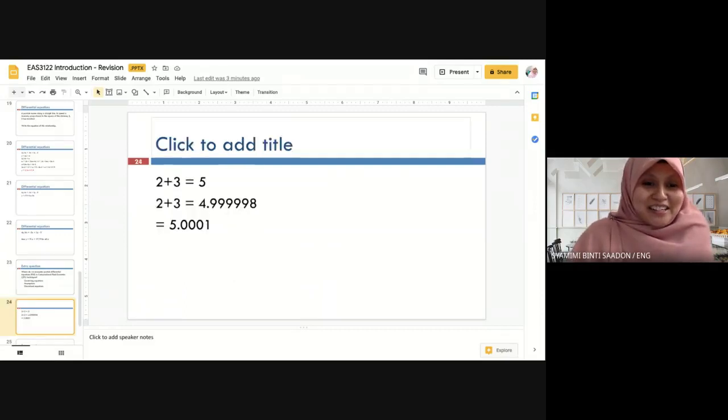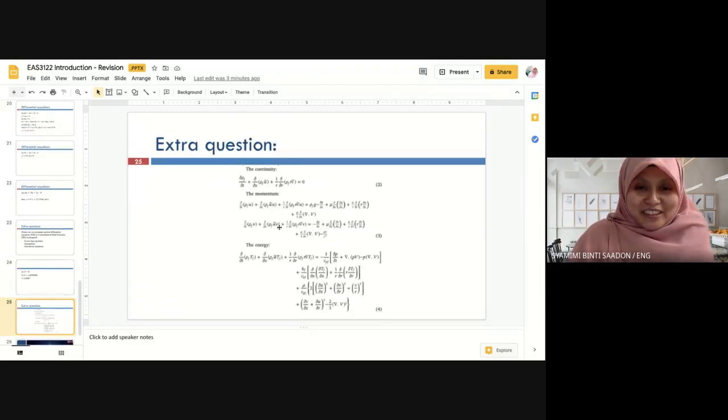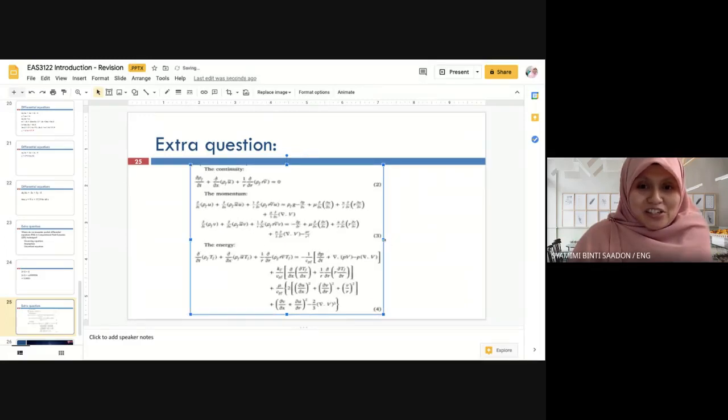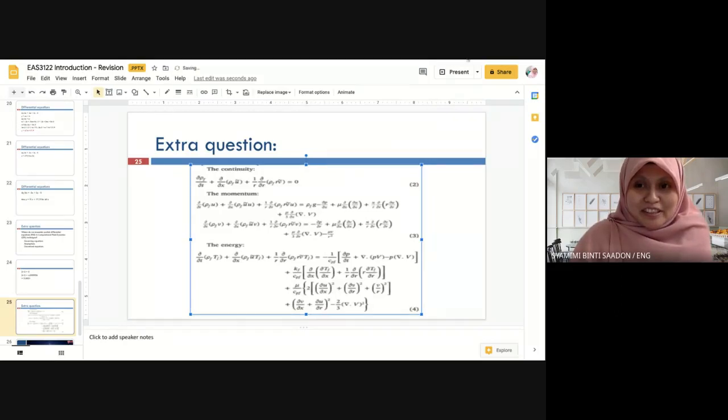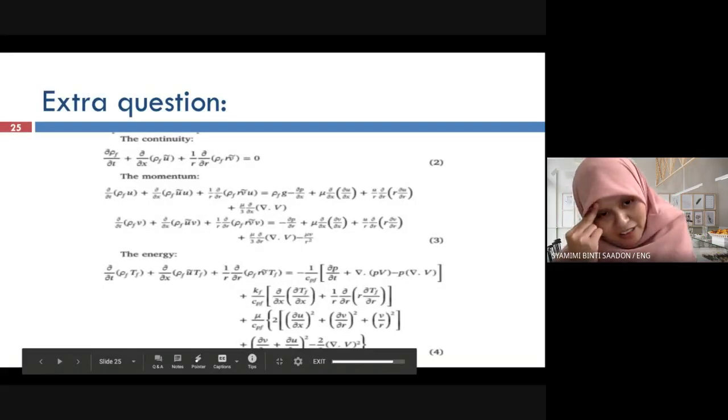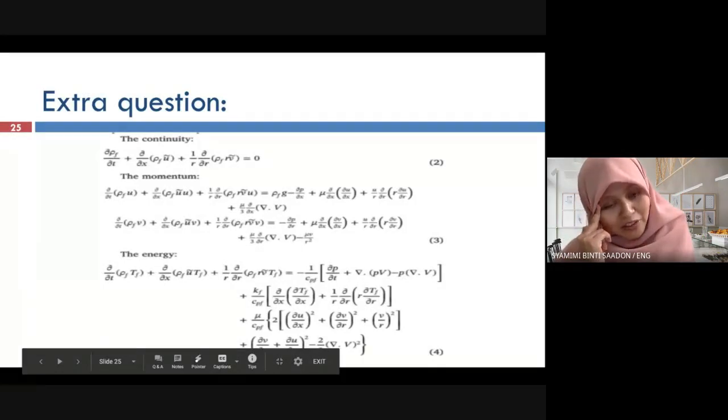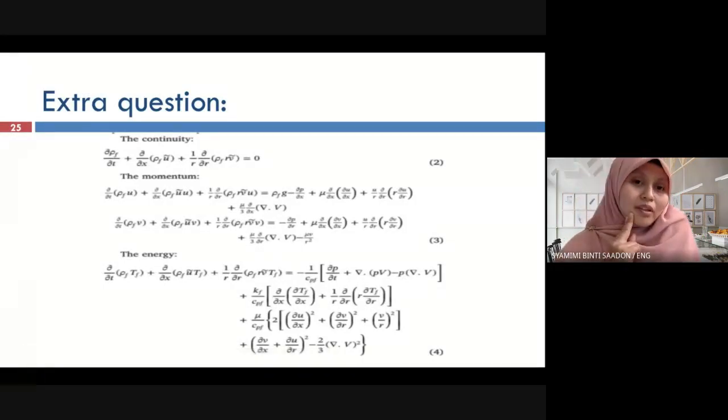Okay, for example like this. I'm not sure whether you have seen this three-equation example, maybe in Aerodynamics 1 or later on in Aerodynamics 2. This is an example of partial differential equations.